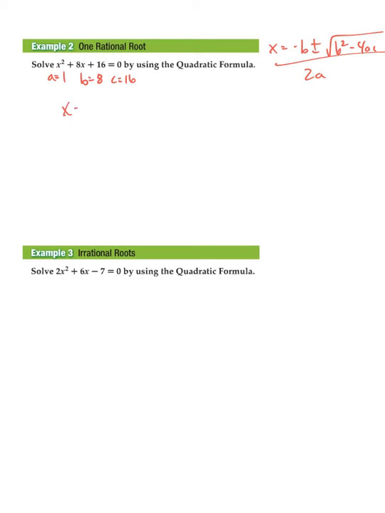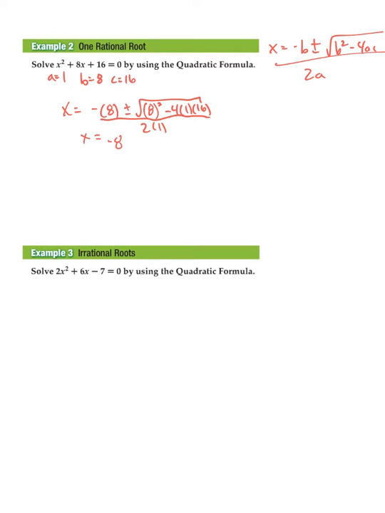So x equals negative b, so negative 8, plus or minus the square root of b squared, so 8 squared, minus 4 times a times c, all over 2 times a, 1.